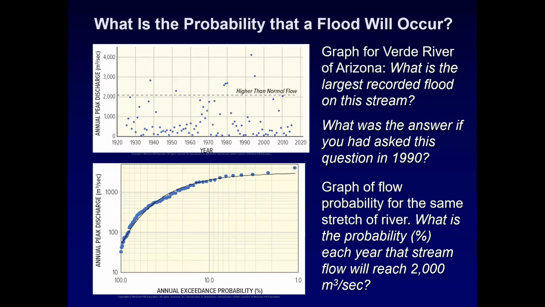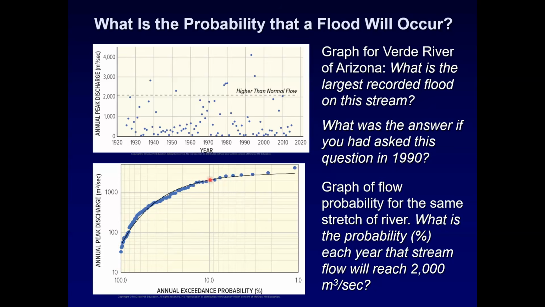This is a graph of flow probability for the same stretch of river. We can ask what's the probability in percent each year that the stream flow will reach 2,000 cubic meters per second. Okay, so we really don't have that here. We have almost 100% probability that we'll have this amount of discharge, right?